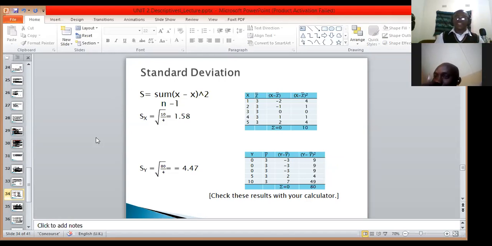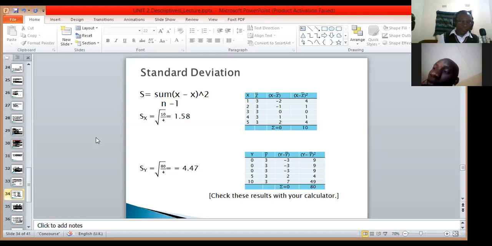Just divide and don't find the square root. That is your variance. The variance for y is 8 divided by 4.